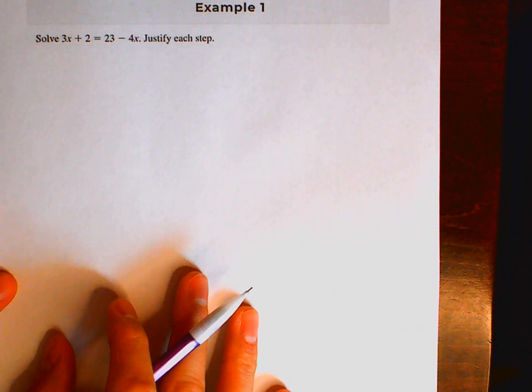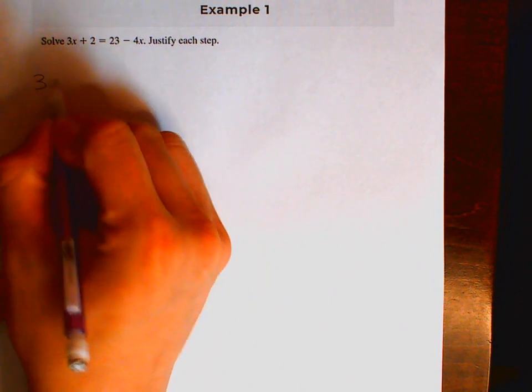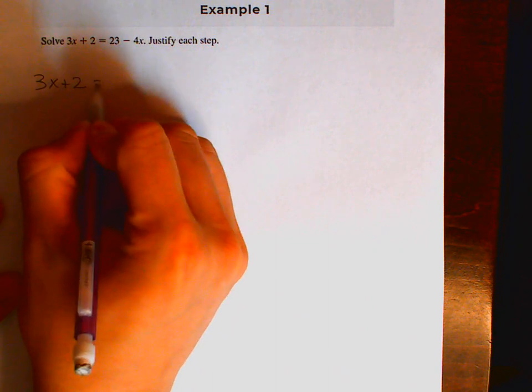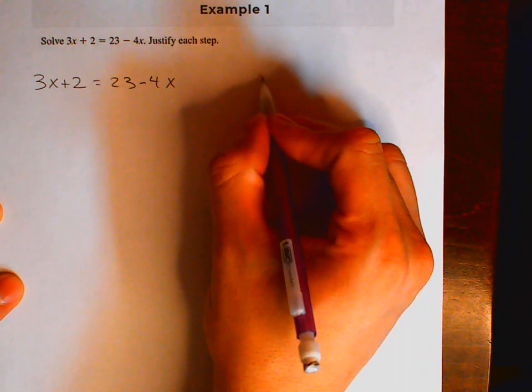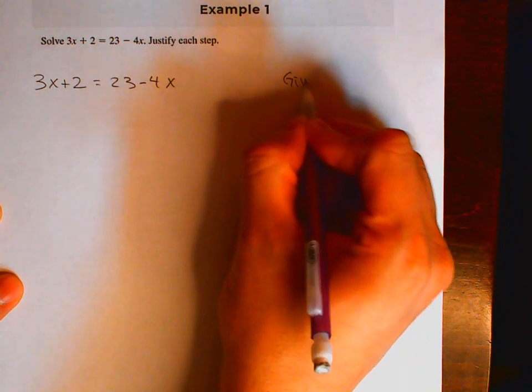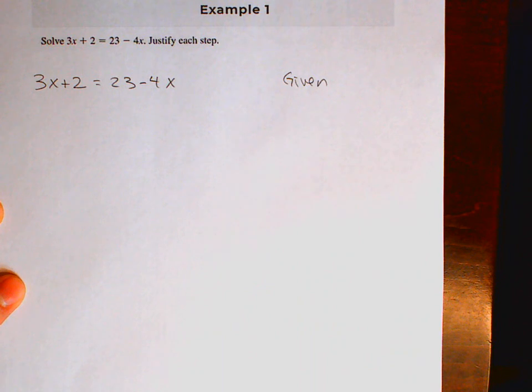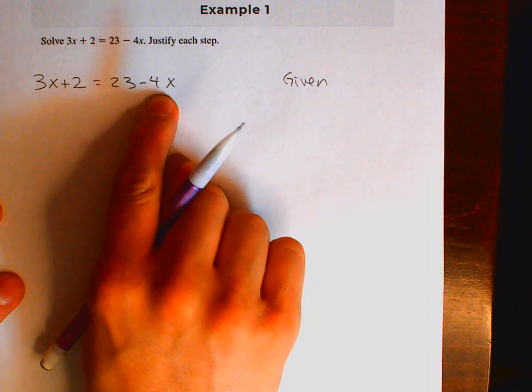It says solve and justify each step. What we're going to do is I always like to just solve this out and then justify my steps. So you have your given, it's 3x plus 2 equals 23 minus 4x. That is what is given to me. So what I'm going to do is get rid of the term that has the smallest variable.